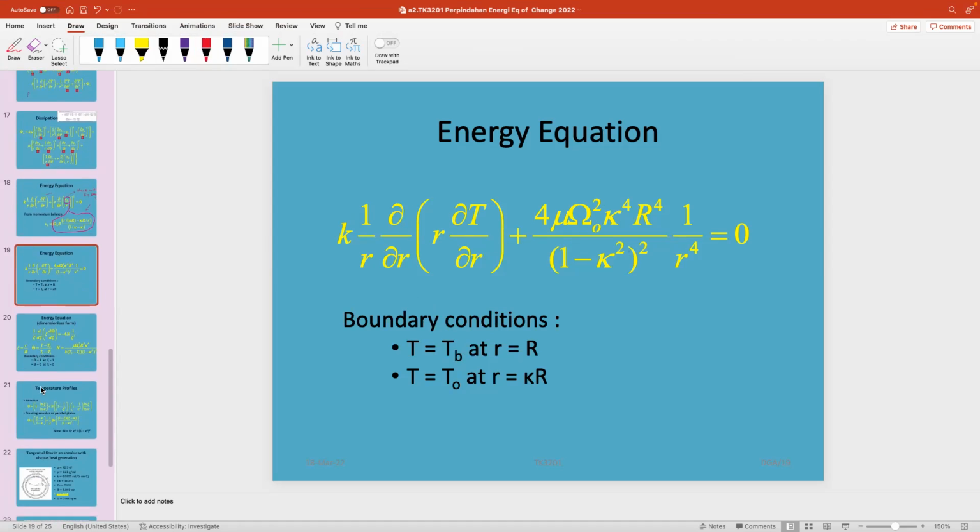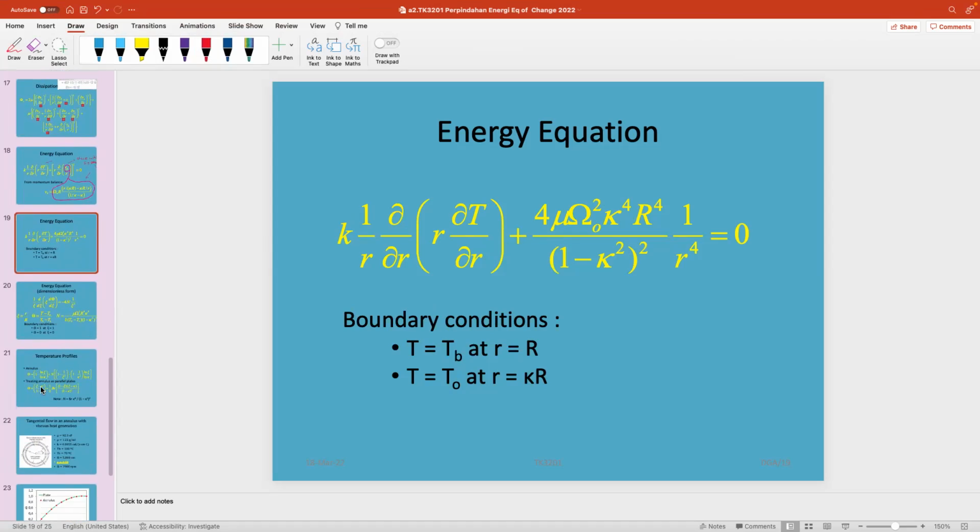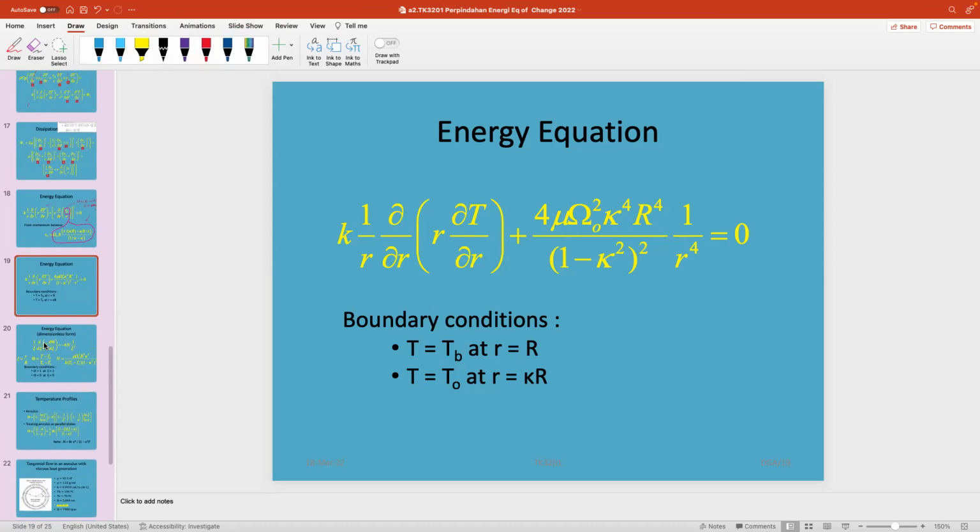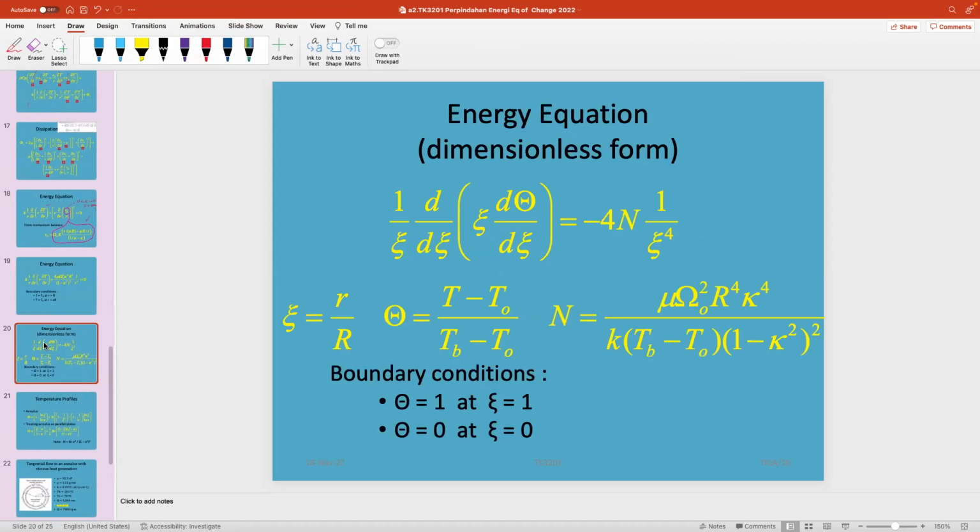Here I got help from Pak Arse to change the first one. We can change this into a dimensionless equation.